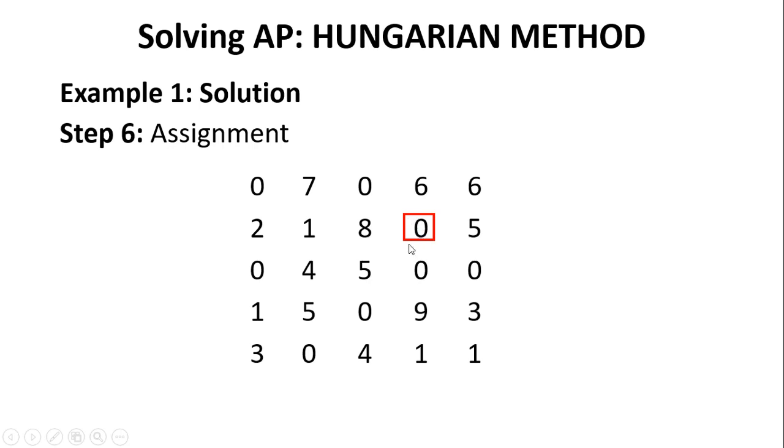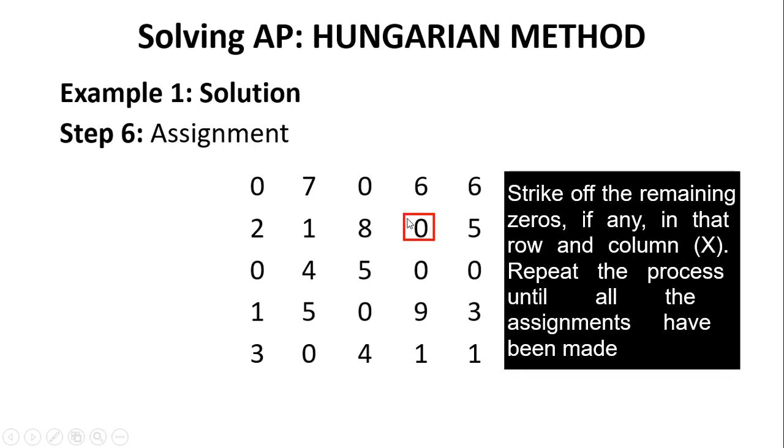And when you make an assignment here, remember we assign one machine to perform one job. So this job, in this column where we have made our assignment, cannot be assigned to any other machine, because of the principle of assignment: one resource to perform one activity. So wherever there is any 0 in this column, we are going to cross it.